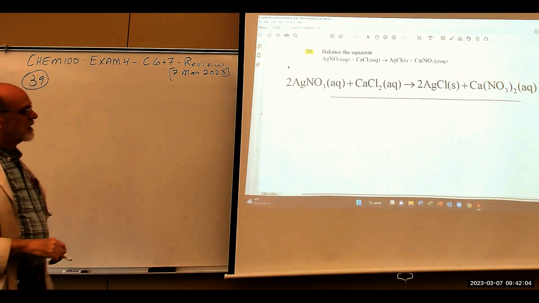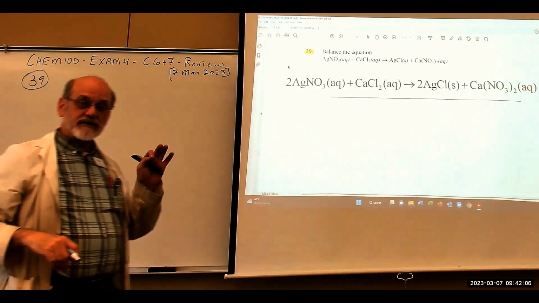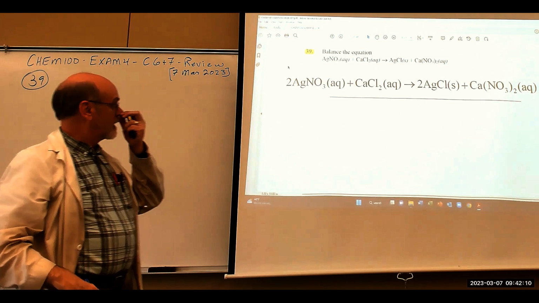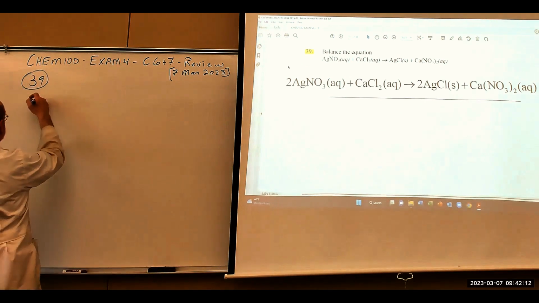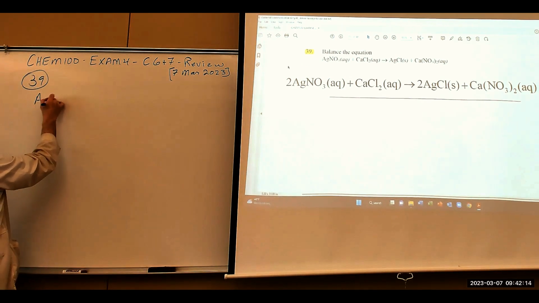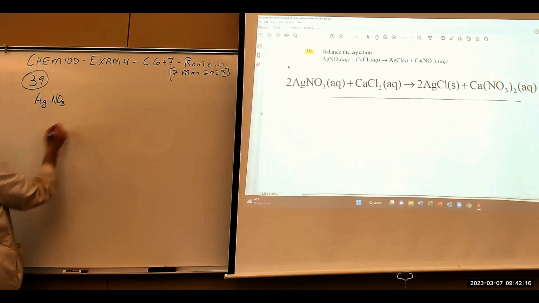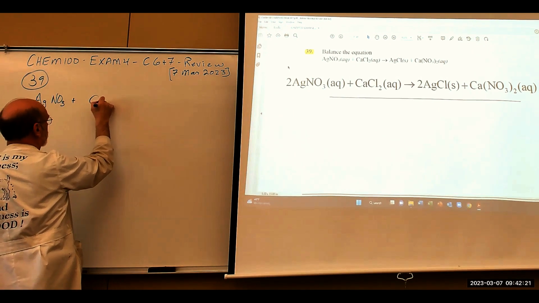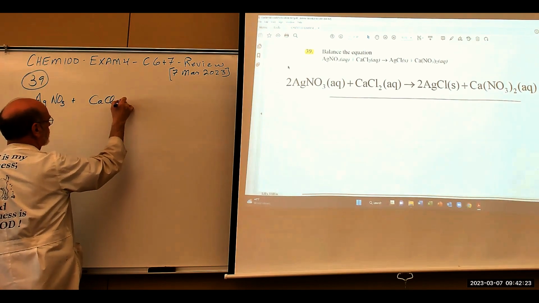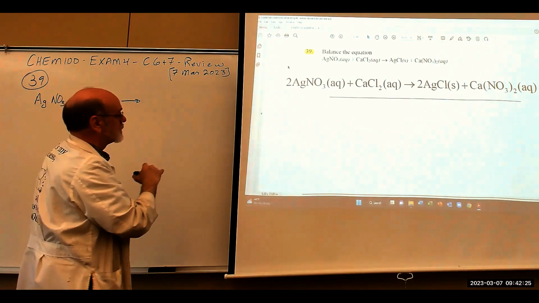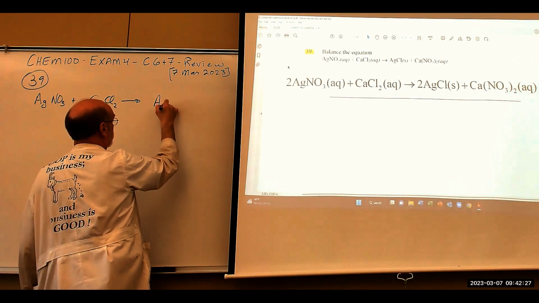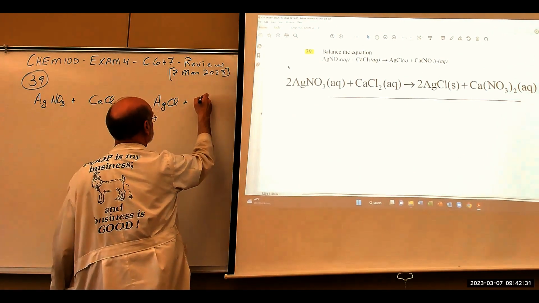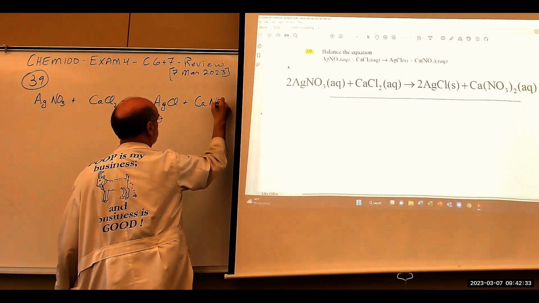All right. So for this one, you're actually given the compounds and you just have to balance them. So let's see, we have silver nitrate. We have calcium chloride. We have silver chloride. And we have calcium nitrate.